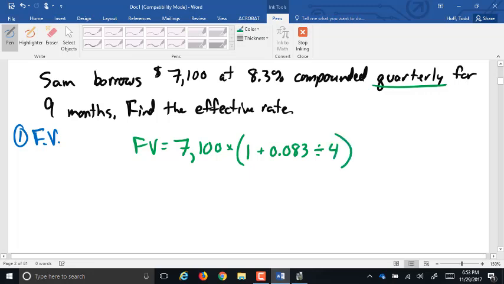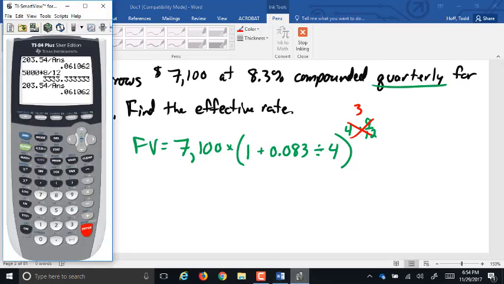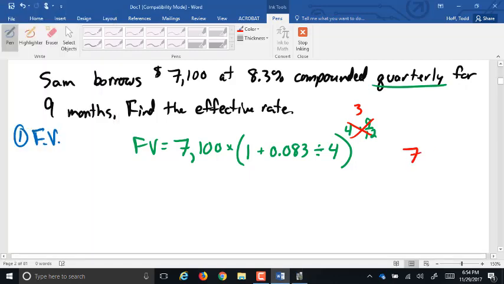So it's divided by 4 to the power of, now some of you can look at 9 months and say, how many quarters is that? 3 quarters, because a quarter is 3 months, so 9 months would be 3 quarters. If you didn't see that, you can say, okay, it's quarterly, so it's 4 quarters a year times 9 months would be 9/12. If you calculate that out, that's going to come out to be 3. 4 times 9 divided by 12. So we find this future value: $7,551.21.